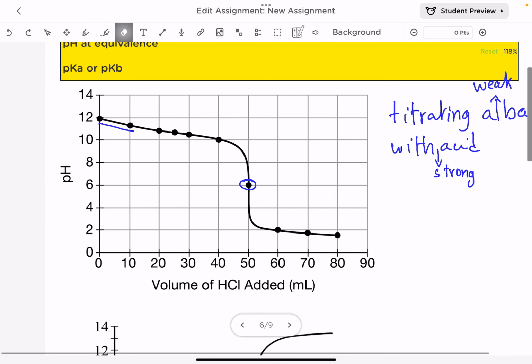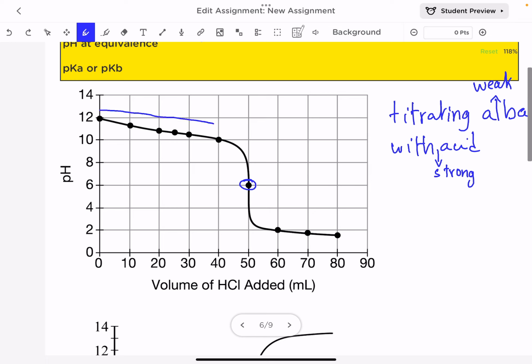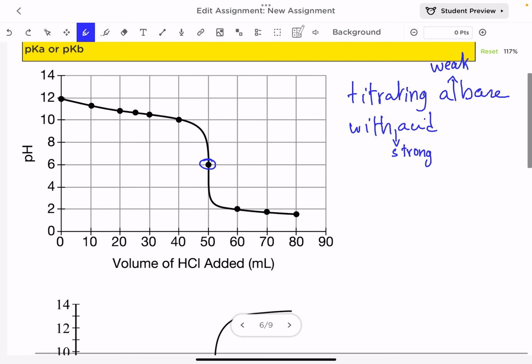So what we did, I looked at how the curve is starting. Is there a slight drop, or is it almost a horizontal line? It could be like this if it's a strong base. And is the pH at equivalence equal to 7 or not? Here the pH was less than 7, meaning that I am titrating a weak base.